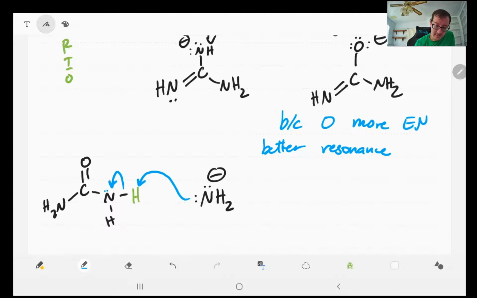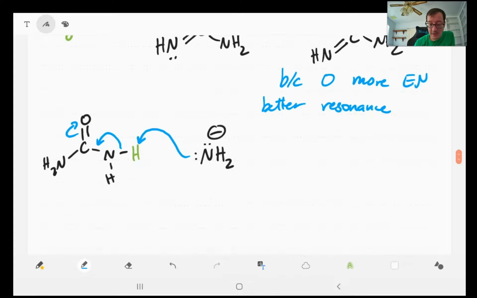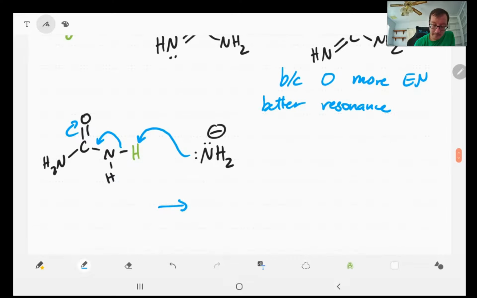We could say, in fact, what's going to happen here is that's going to make a new double bond. We're going to push those electrons up. That's actually probably what's more likely going to happen, because the resonance favors the oxygen having the negative charge. So we could draw it that way. I would be okay with either way.